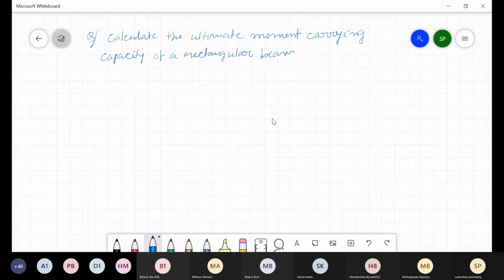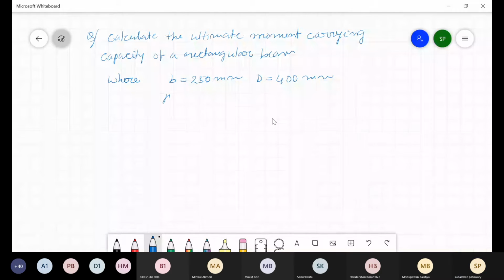where b is equal to 250 mm, D, overall depth, is given as 400. Ast is equal to 3 numbers of 16 mm diameter bars.